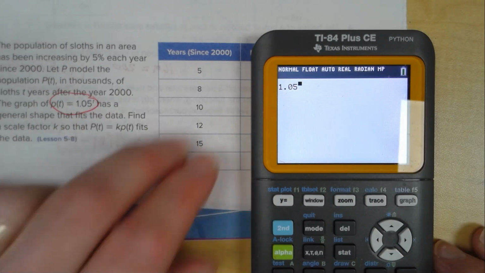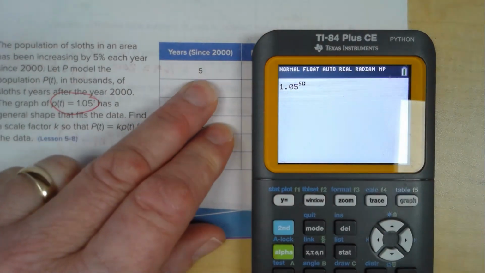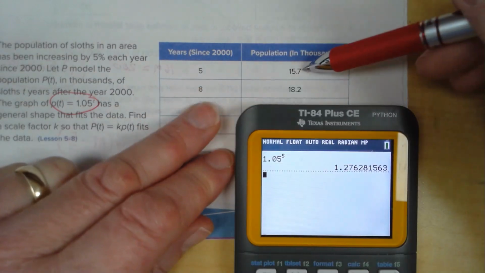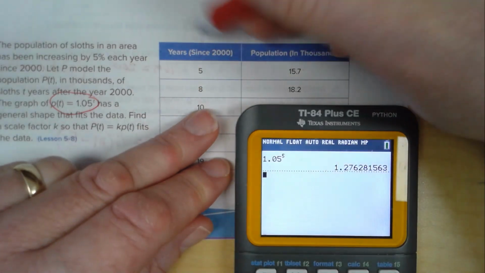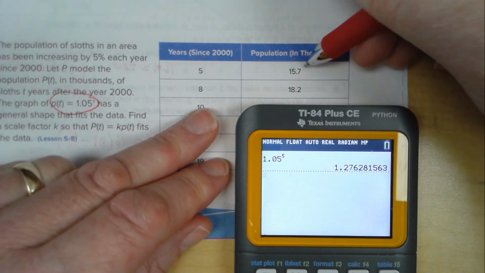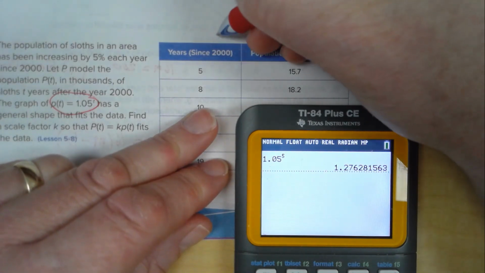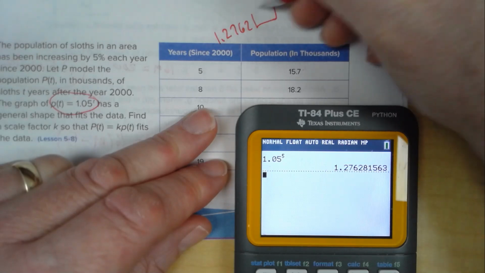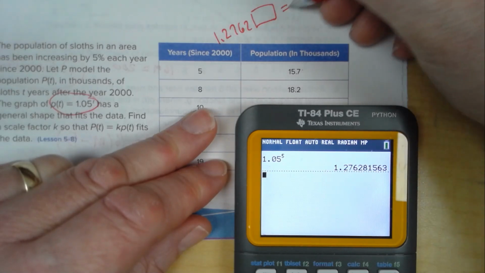I'm going to raise it to the 5th power. Okay. Well, that's not this answer here, is it? So that would be equal to 1.2762 something, right? Multiply it by some number to get the 15.7.